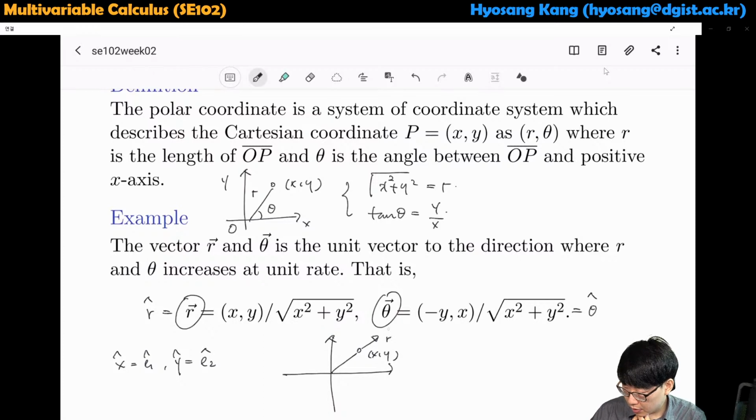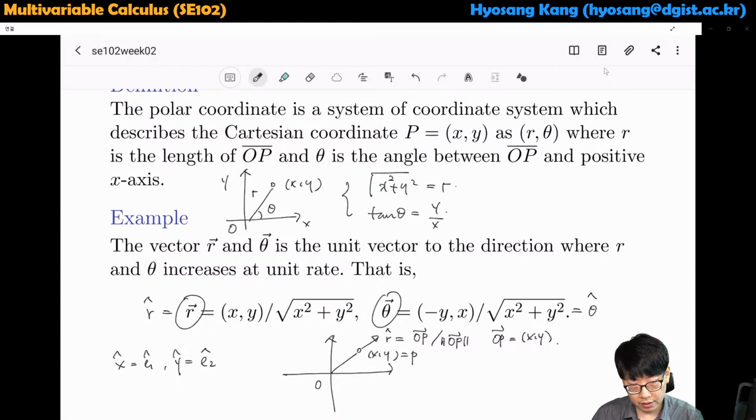This is the r direction. So r is moving toward the direction of the position vector OP, but I want the unit vector, so I need to divide that OP vector by its norm. OP vector is simply (x, y). So I have to take the norm of OP as the square root of x squared plus y squared.